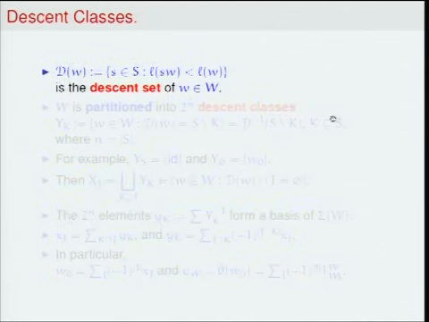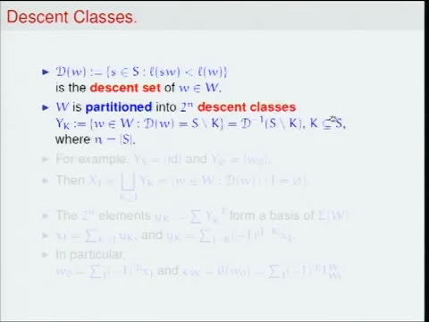Why descent algebra? Well, there's a slightly different way to look at this. If one defines the descent set of an element in the group as the set of all generators which make it shorter when you multiply the generator from the left, then you can partition the entire group into descent classes, 2^n of them, if n is the size of the generating set.